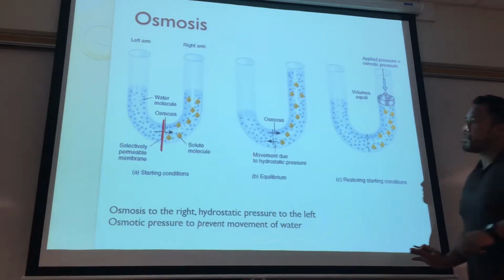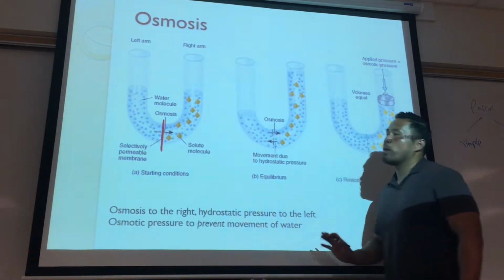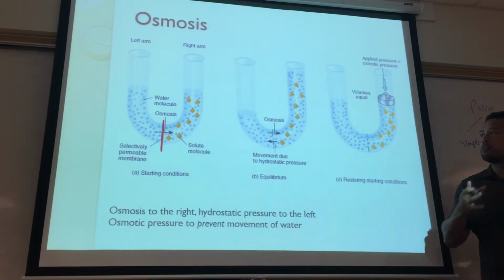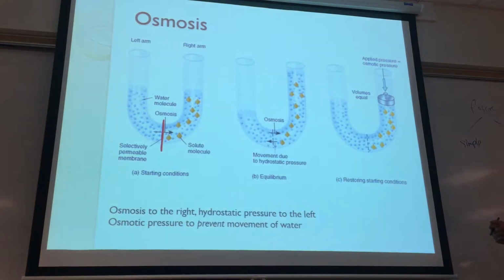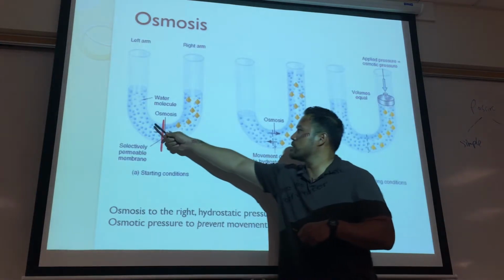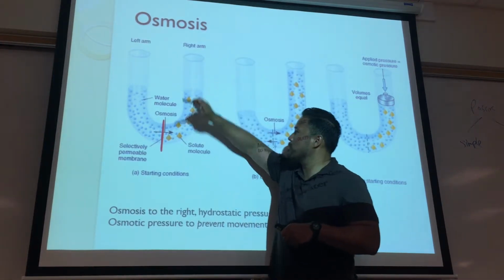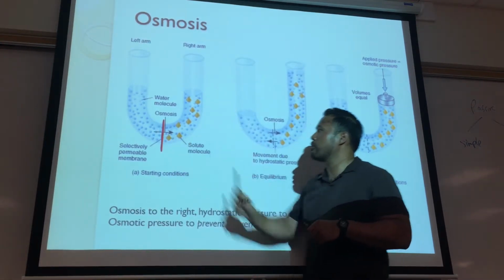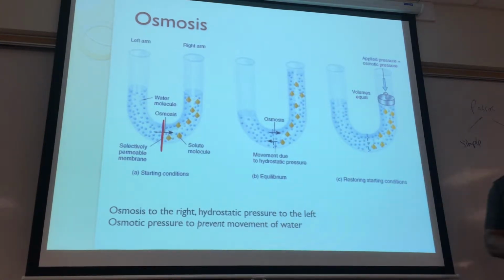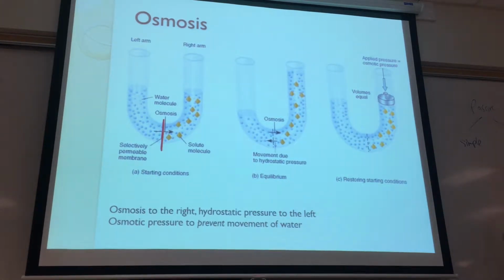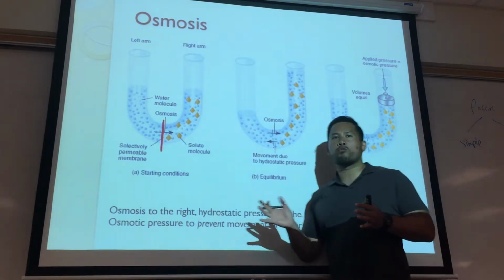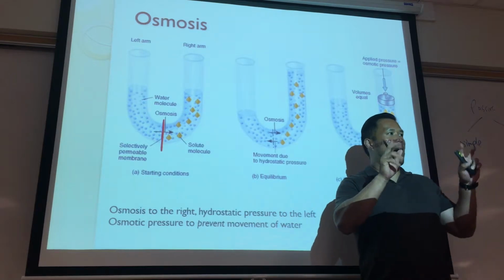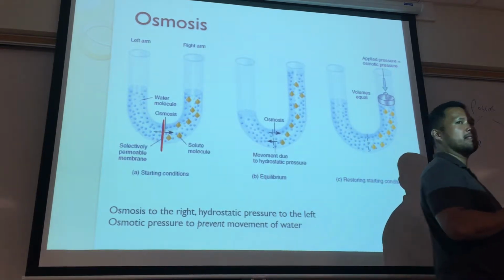So when we look at this, we want to understand which direction, what pressures are involved to get our water molecules to move from one side to another. So when we look at the starting conditions, like I said, water levels are equal on both sides, with a selectively permeable membrane that only allows water to move. The fundamental concept that is important for you to understand before we get into this is that water wants to always move in the direction to balance out the concentrations on both sides.